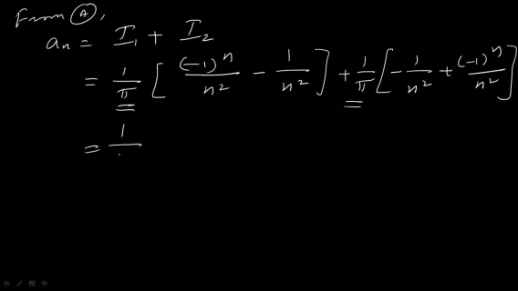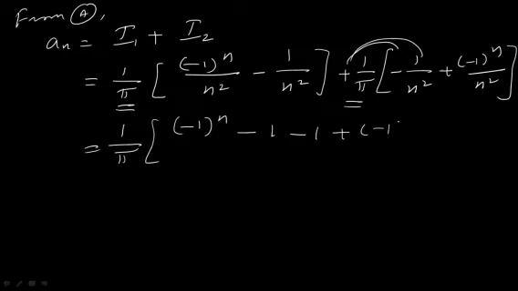Take it outside. So 1 by pi of minus 1 whole power n minus 1 and minus 1. So this plus minus becomes minus plus. The next term plus minus 1 whole power n whole divided by n square, because all of them have the common term n square.